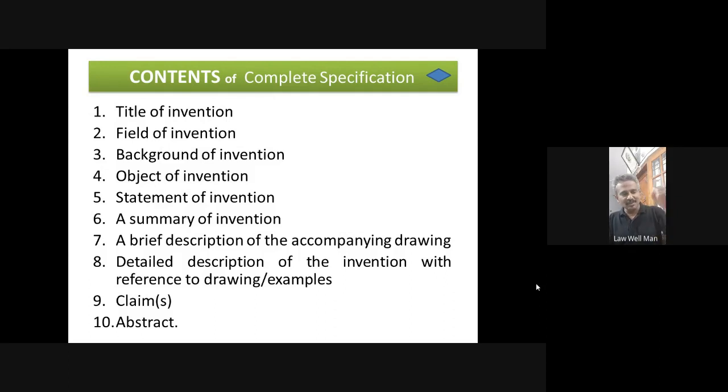Take for example, mobile is already existing. You have a black and white mobile, and for the first time, I come out with a color screen mobile. So I will have an invention for the color screen of a mobile. That is one invention. Another person might come out with another invention wherein you can play music as well.